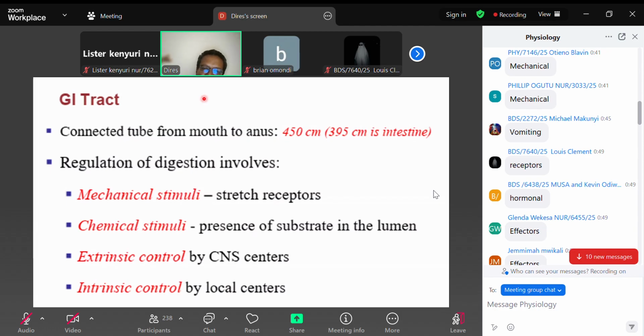So the parasympathetic neurons amplify, stimulate enteric neurons. That's why the parasympathetic nervous system is called rest and digest. It stimulates GI response, motility and secretion. The sympathetic inhibits.